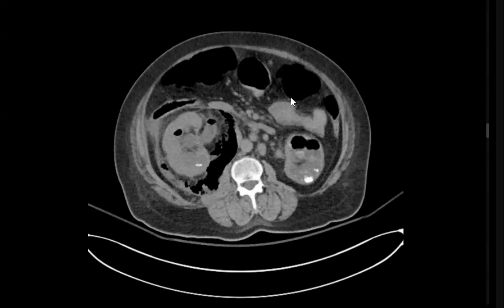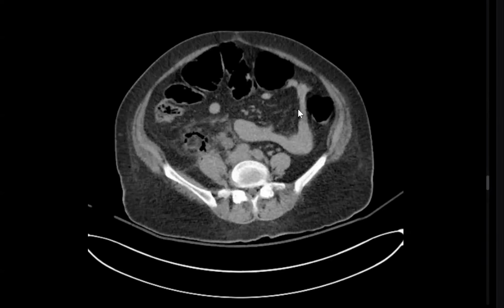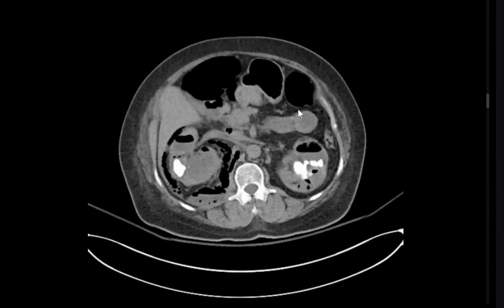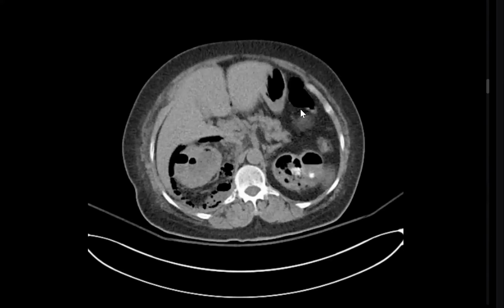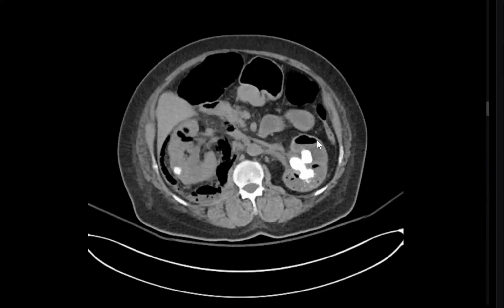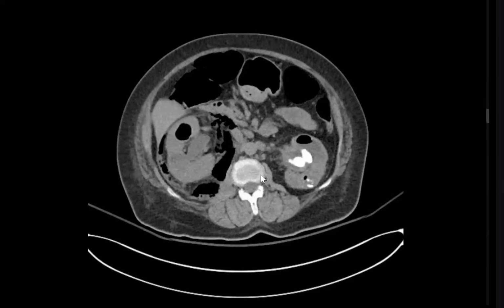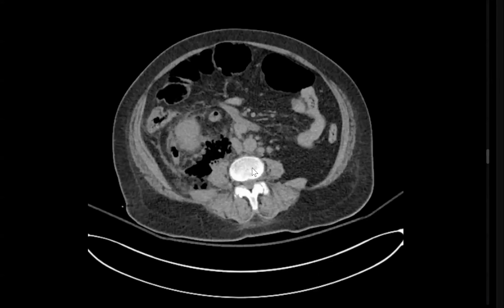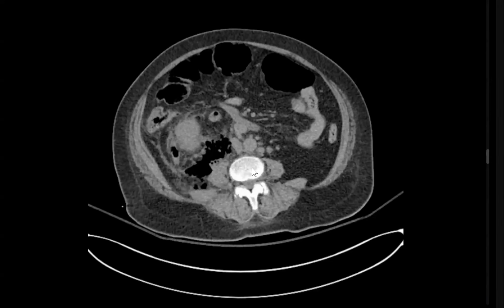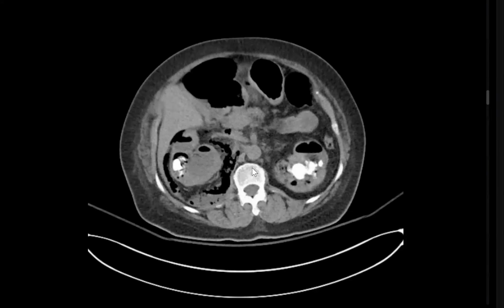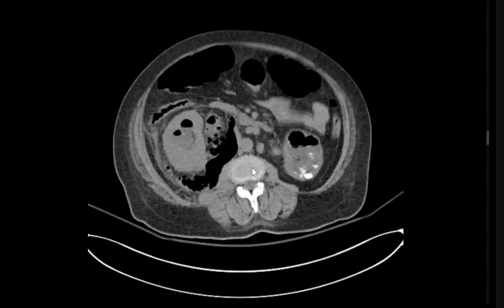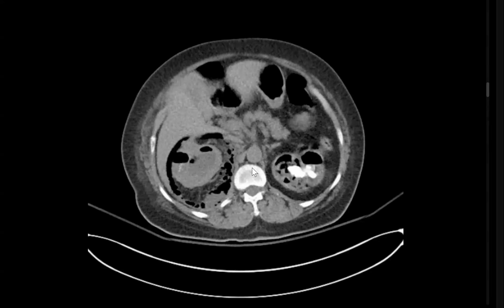I can see there are bilateral renal stones, likely a staghorn on the left side, and there are bilateral intraparenchymal and extraparenchymal gas loculi within both kidneys, more on the right side, extending to the right iliac fossa. So gas is present in the parenchyma, the collecting system, and the perinephric space, bilaterally. Do you know the CT staging of this case?